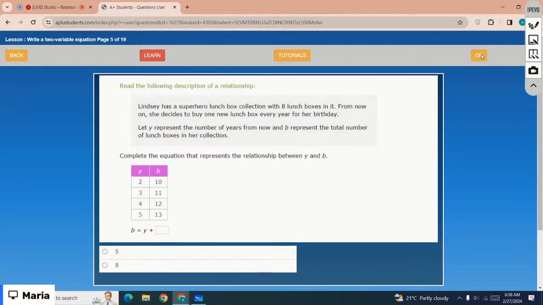Lindsay has a superhero lunchbox collection with 8 lunchboxes in it. From now on, she decided to buy one new lunchbox every year for her birthday. Let Y represent the number of years from now and B represent the total number of lunchboxes in her collection. So, which is the correct option?